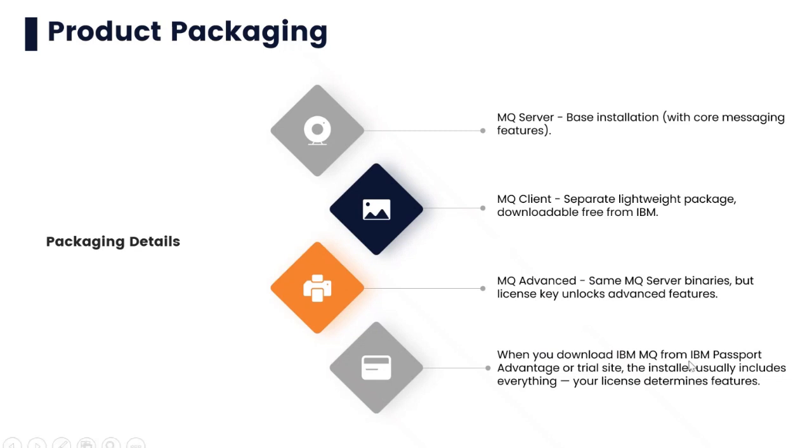So when you download IBM MQ from IBM Passport Advantage or trial site, the installer usually includes everything whatever is required for MQ Advanced, the key features, premium features, everything. But the license you buy for a package determines what features you will get, right?